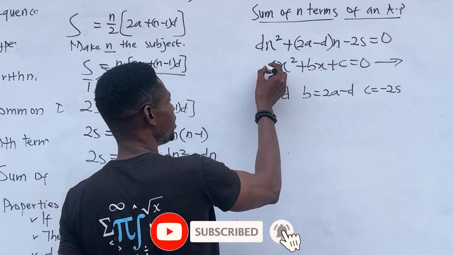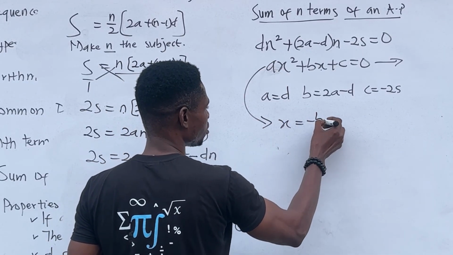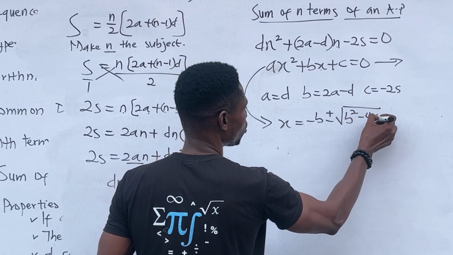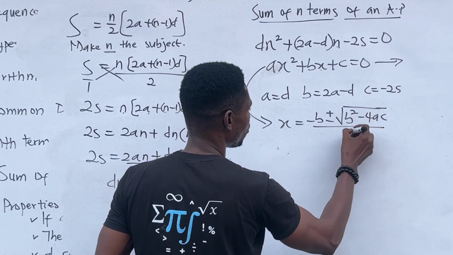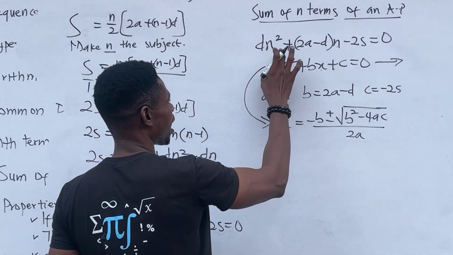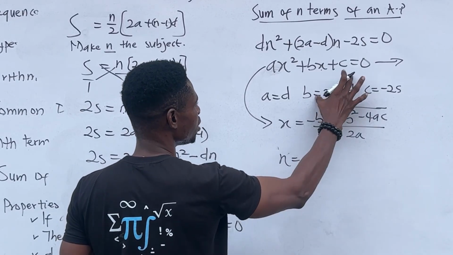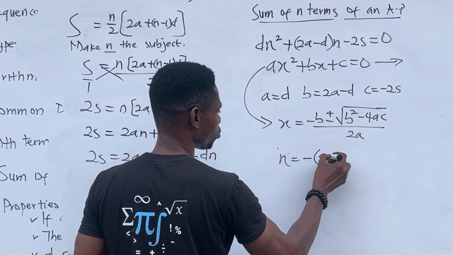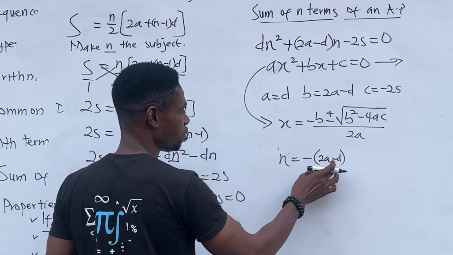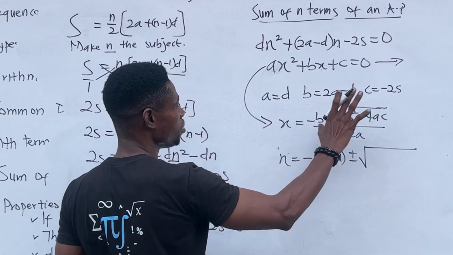And remember, for this, you use this formula generally, that x equals minus b plus or minus the square root of b squared minus 4ac, all over 2a, right? That means our n will be minus b. Our b is what? 2a minus d. That's minus b plus or minus the square root of b squared.